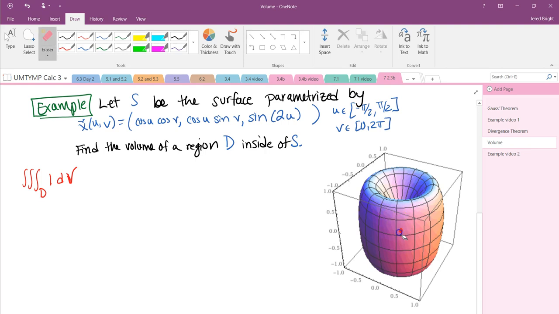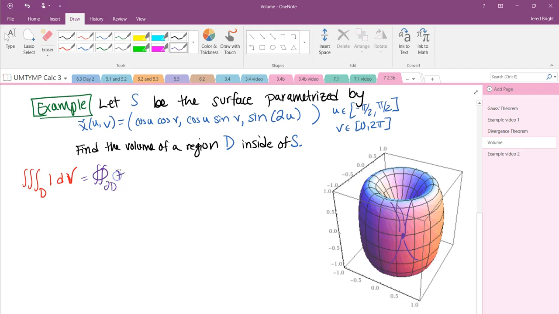Let me draw it a little differently, maybe in purple. All this would slope down into here, and all this would slope up into here. That's kind of what it looks like on the interior. So this is going to be perhaps fun. I don't know, maybe, maybe not. If I want to compute this, that's really what I want, but instead I'm going to use Gauss's theorem in the other direction. So I'm going to look at the double integral over the closed boundary using the parameterization.